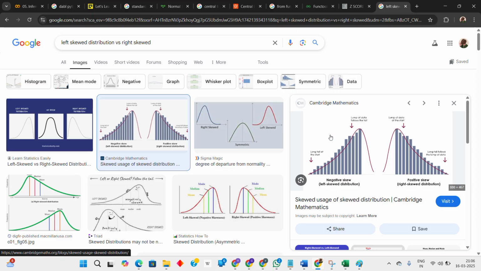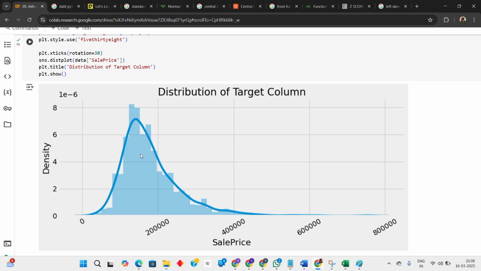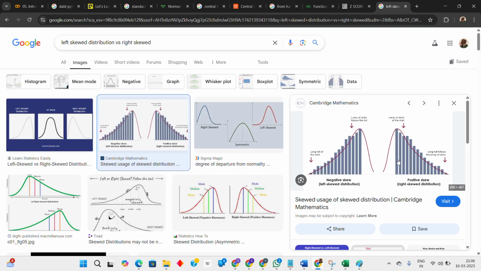But according to the screen view, it will be left. You can observe that according to the screen point of view, it will be left. Then we can say it is left skewed and it is right skewed. So, okay, I told it wrongly here, it is right skewed. Okay, in that case, it is right. So you can say left skewed versus right skewed.